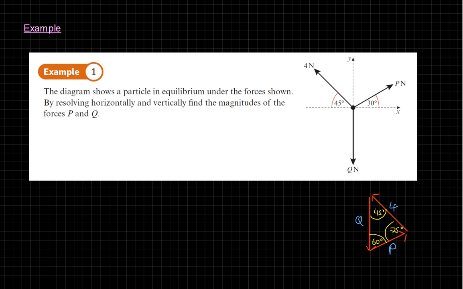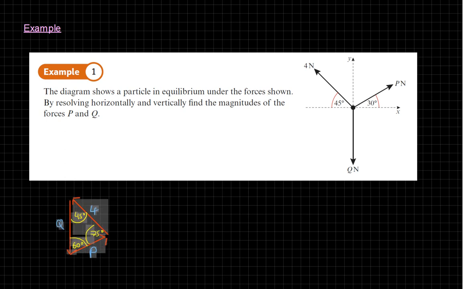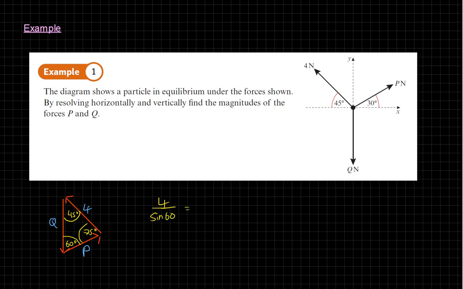And what you've now got is a triangle, all angles known, 2 sides unknown. So you can use your sine rule, right? So you can say 4 over sine 60 equals P over its opposite angle 45 equals Q over sine 75.